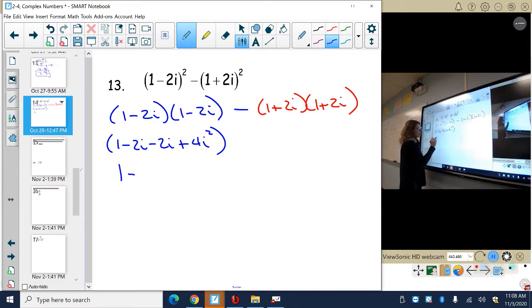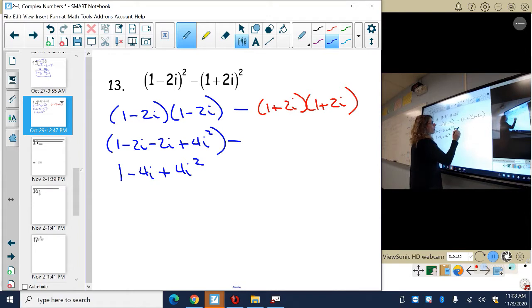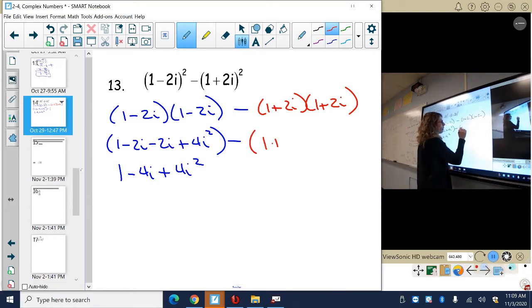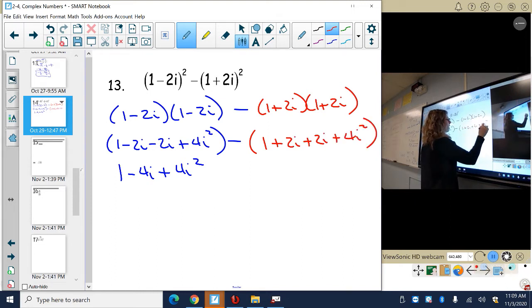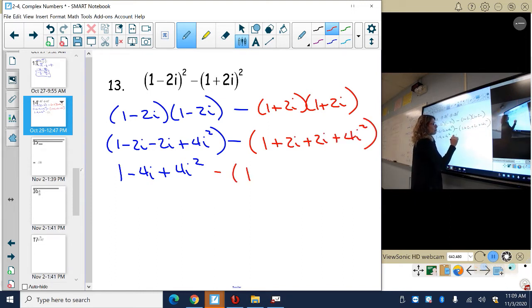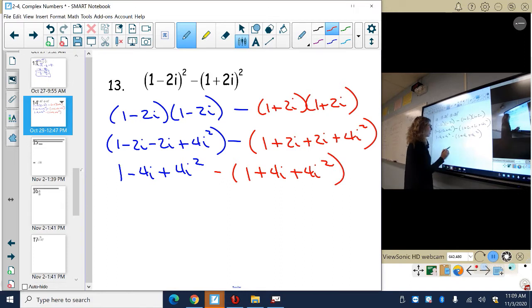Okay, and that's going to give me 1 minus 4i plus 4i squared. Minus, come over here and do this one. That's going to give me a 1 plus 2i plus 2i plus 4i squared. So that's going to give me 1 plus 4i plus 4i squared.